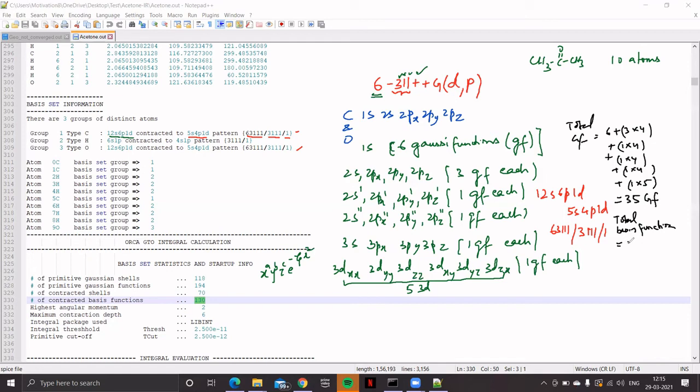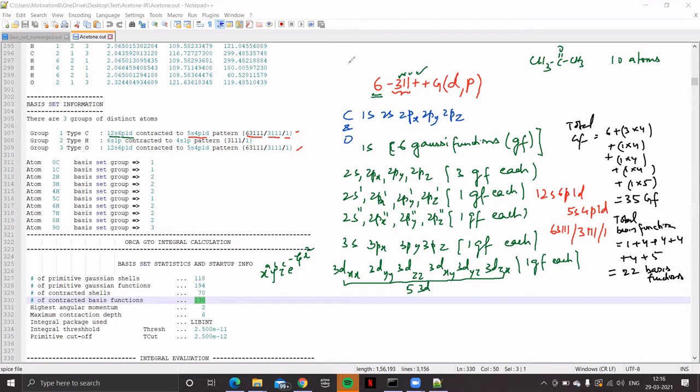So it is 1 plus 4 plus 4 with this prime plus 4 with double prime plus 4 for the diffuse function and plus 5 for the polarization function. So 4 into 4, 16 plus 5, 21 plus 1, 22. So 22 basis functions per atom of carbon and per atom of oxygen.